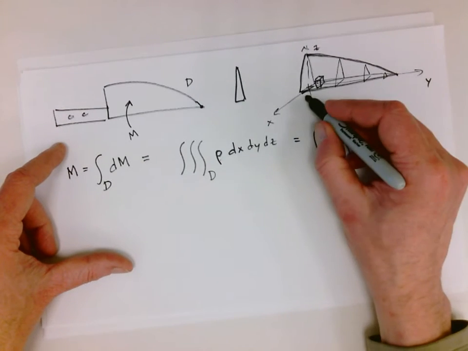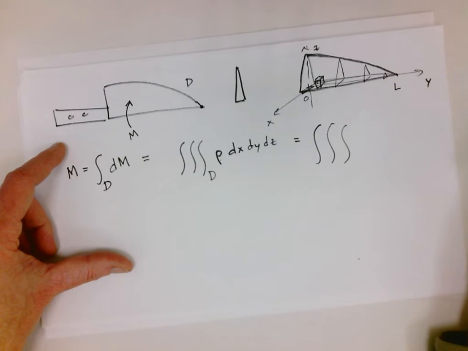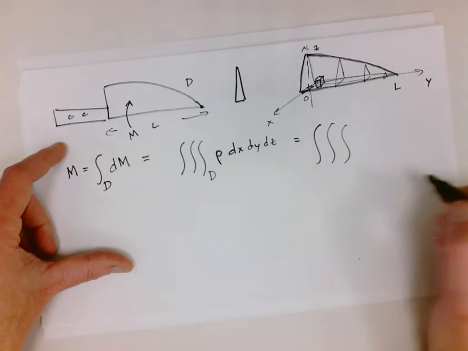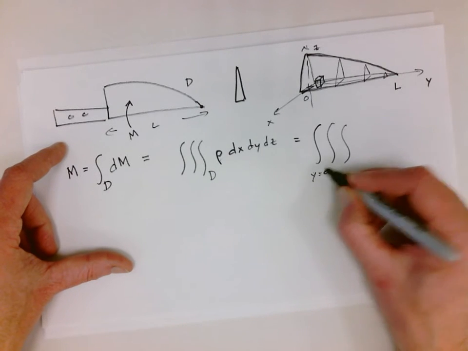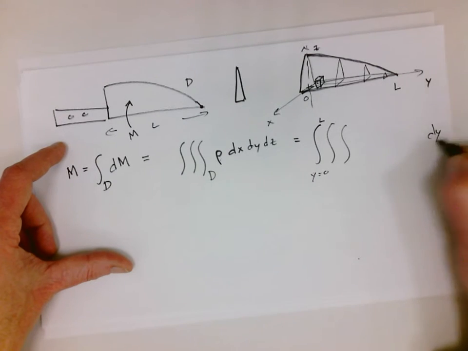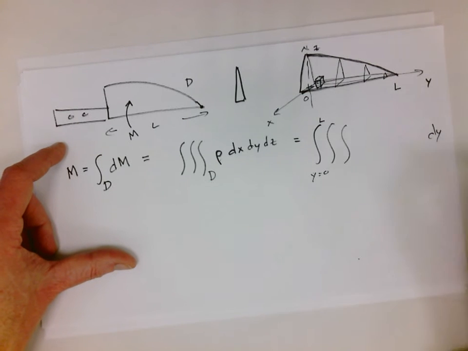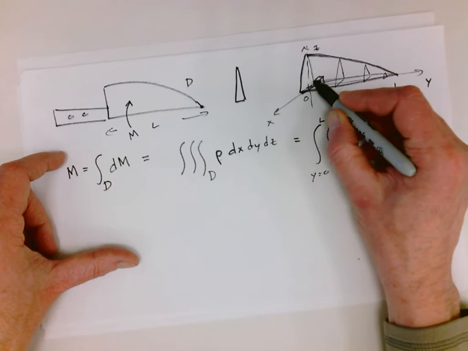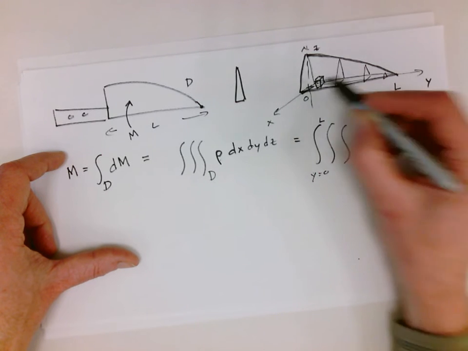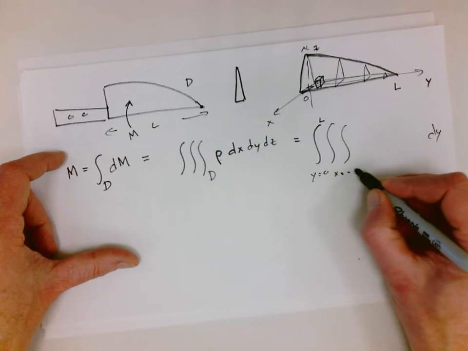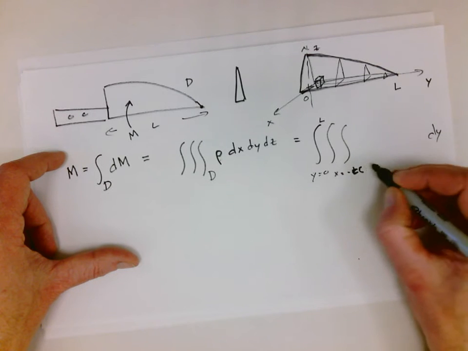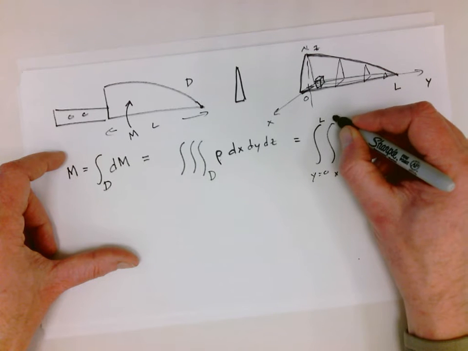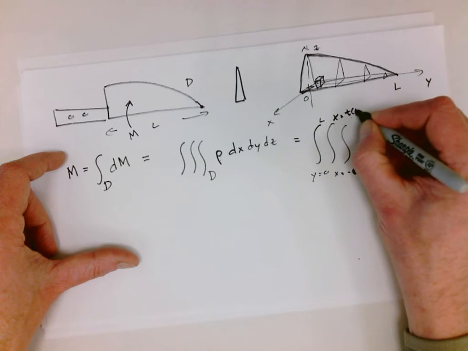Pretty clearly y is going to vary between, say, 0 and L, right? There's some length to the thing. So y is going from 0 to L, and I'll have dy as my outside element. x is going to run from some negative thickness to some positive thickness: x is equal to minus t of y to plus t of y.